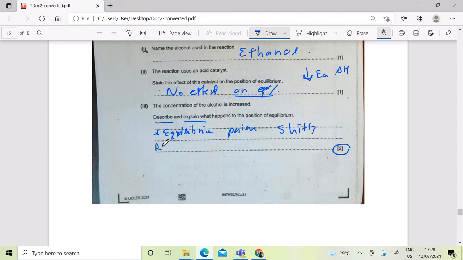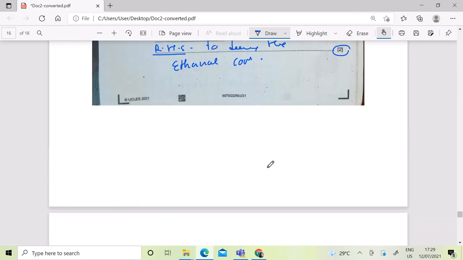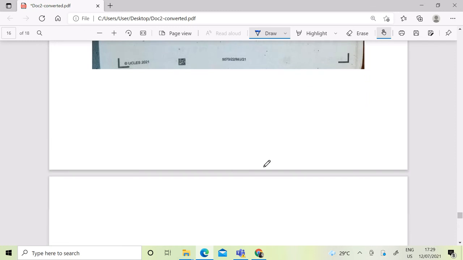It shifts to the right hand side to decrease the concentration of ethanol, to minimize the amount.